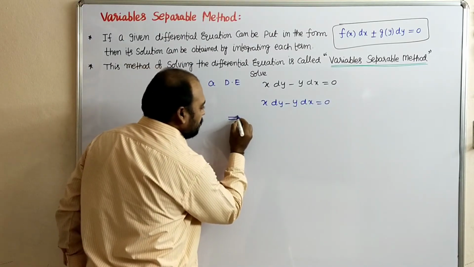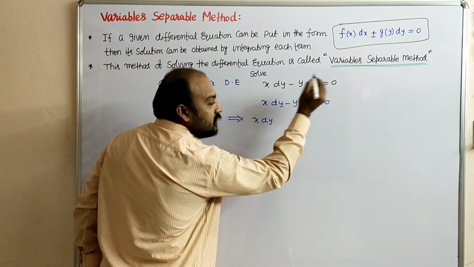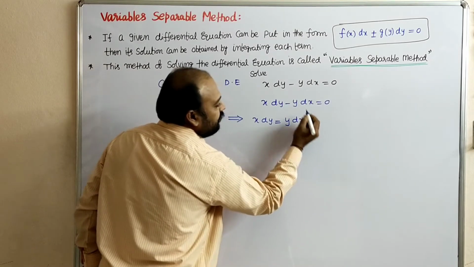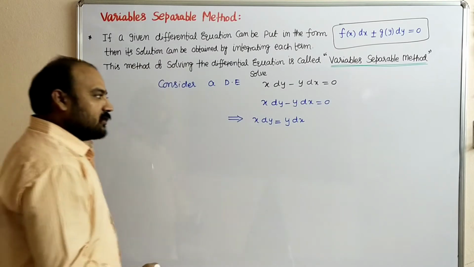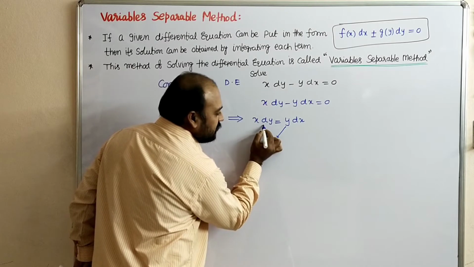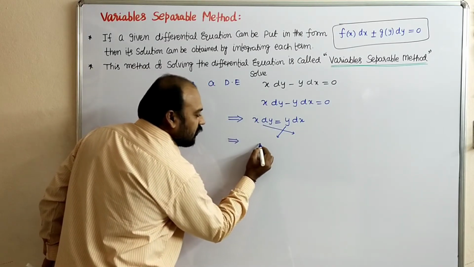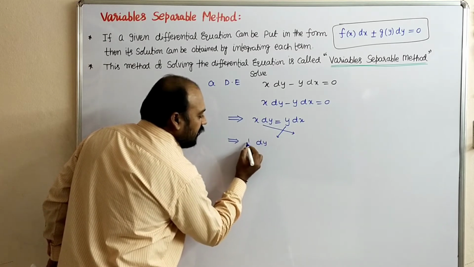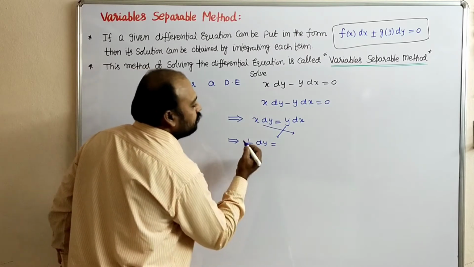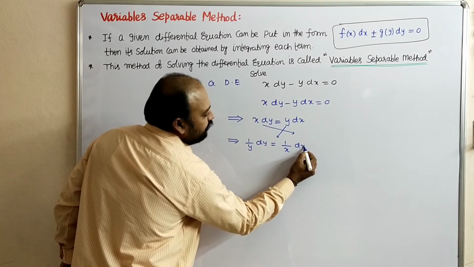That implies x dy equals y dx, taking the term to the RHS. After that, I am taking the y variable to this side and the x variable to this side. That implies 1 by y into dy is equal to 1 by x into dx.